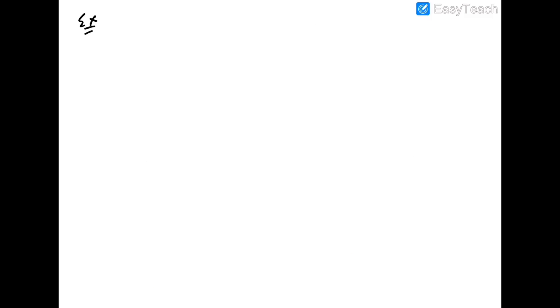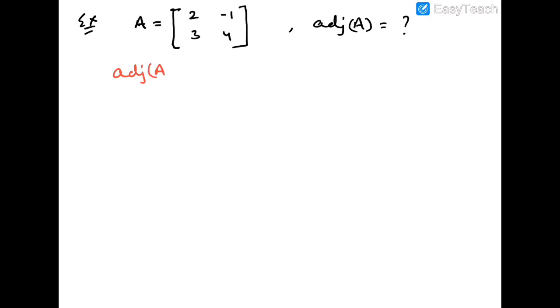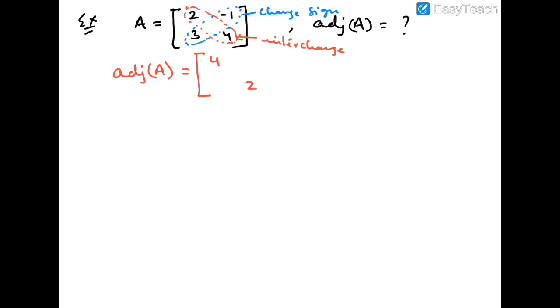Now let's take an example with matrix A with elements 2, -1, 3, 4 and find its adjoint. Adjoint A can be found by interchanging 2 and 4, so we write 4 in place of 2 and 2 in place of 4, and then change the sign for 3 and -1.